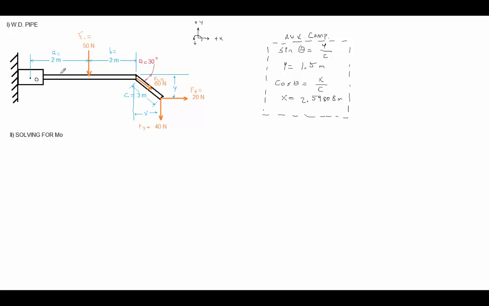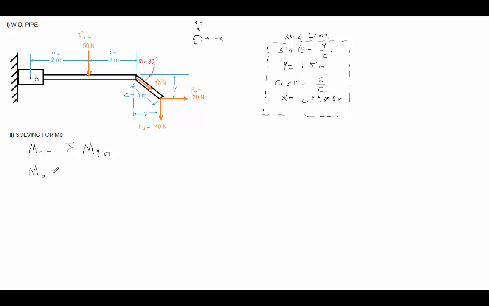Now, you do not have to redraw the entire diagram. It would be perfectly sufficient just to draw point O and all the forces. You don't necessarily have to draw the whole situation. The way we state this is the moment about O equals the sum of all the individual moments about point O, where i is M of F1 around point O, M of F2, so on and so forth.